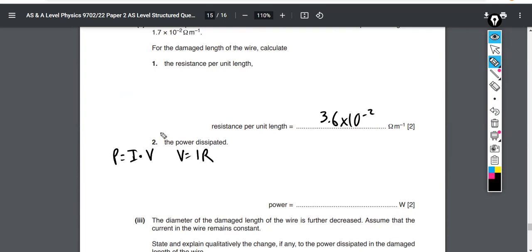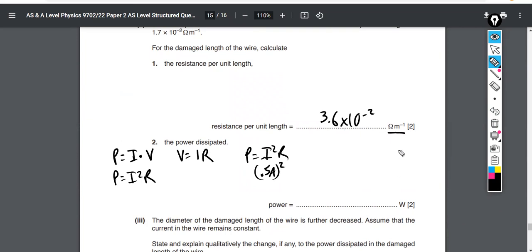So if we substitute in IR for V, we get another equation for power, I squared R. Because we don't really know the voltage, we have to calculate it like this and make a substitution, or we could just calculate the power as I squared R. So power equals I squared R. I is given as half an amp, so we square that. And the resistance we have to calculate because we don't know the resistance. We only know the resistance per unit length.